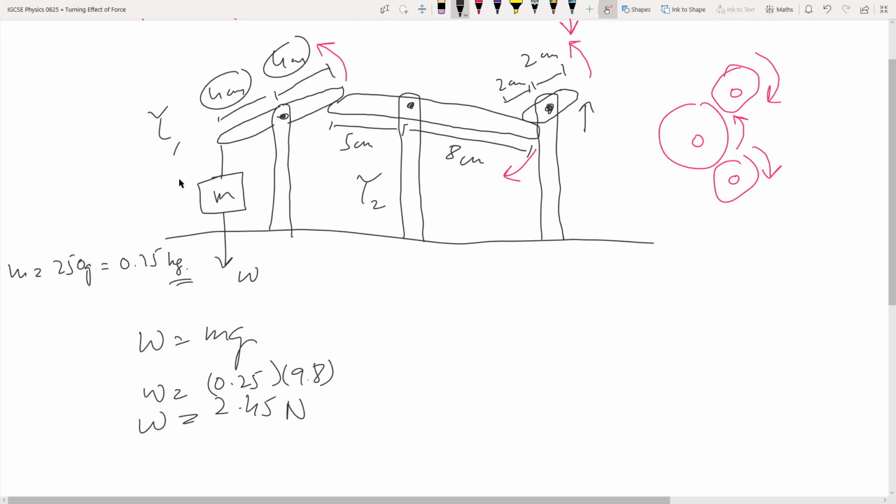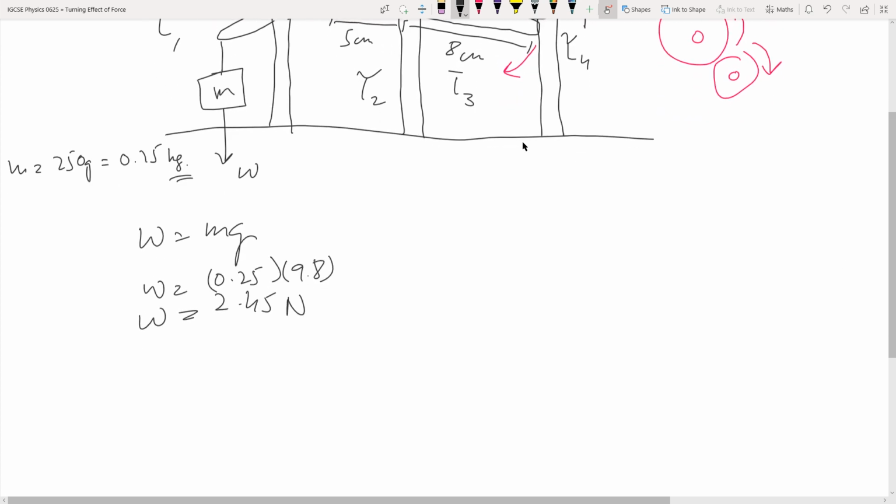We need to have the same torque which is being exerted by this mass, but this is 5 centimeters, this is 2, so I'm going to use different taus, and then I will call this tau 4. Again, over here the distances are the same, so it is going to be the same torque on both sides. Remember, unless the force or the distance is changing, the torque is supposed to be the same, and we will keep the torque the same eventually.